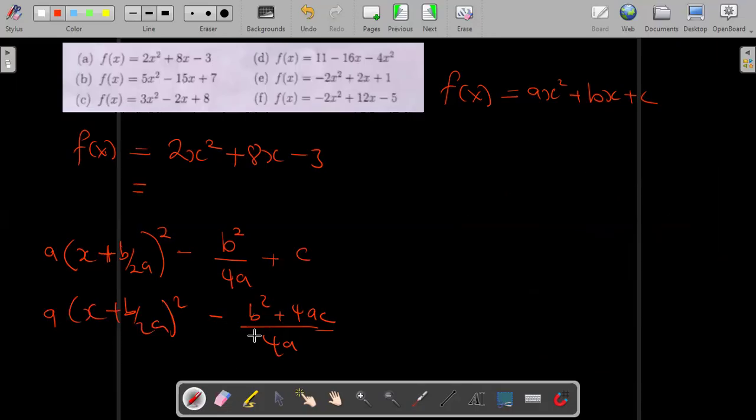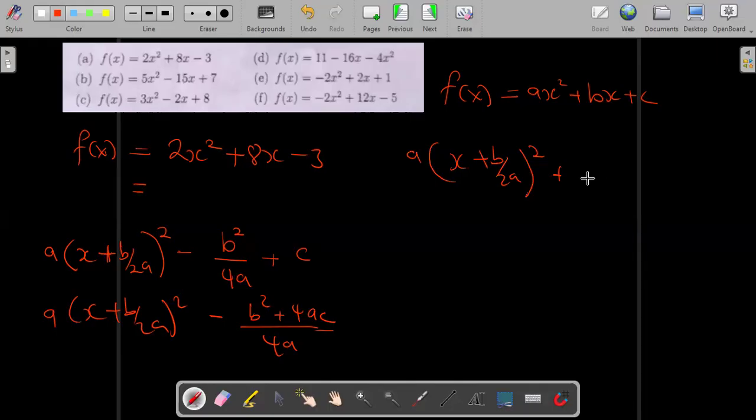Then when you multiply the negative, you have a times x plus b over 2a squared. Then you multiply that negative. So when you multiply the negative, of course, this here will become positive. Okay, I can choose it to be like this, or I can write it the other way around, where I want my 4ac to start.